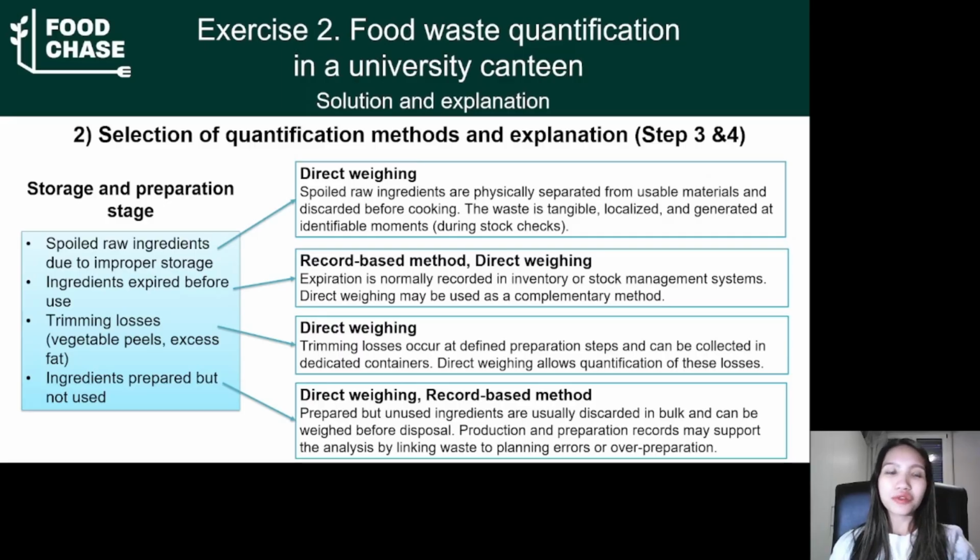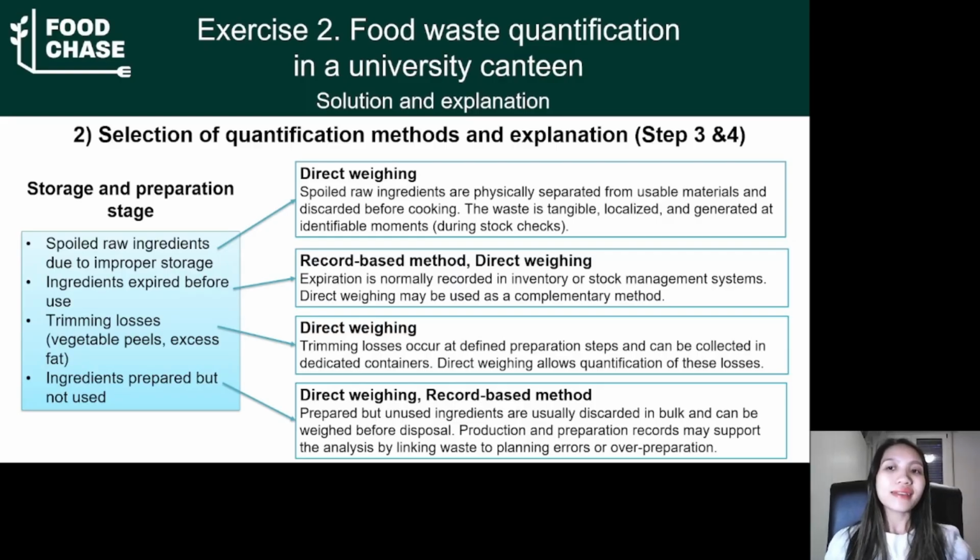Now we pass to the second stage, which is the selection of quantification method and explanation, which corresponds to the third and the fourth step. In the first stage, for the spoiled raw ingredients due to improper storage, the spoiled raw ingredients are physically separated from the usable material and they will be discarded before cooking.